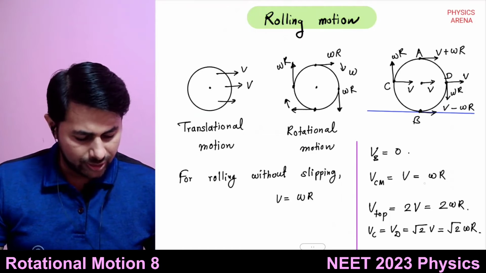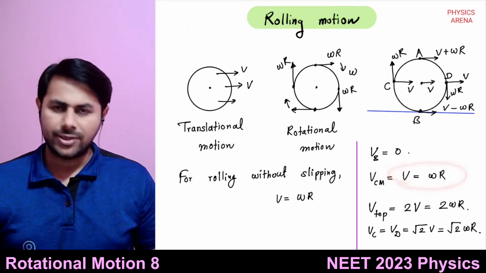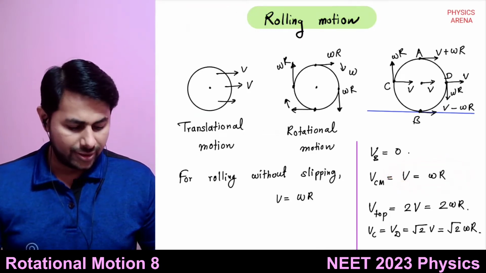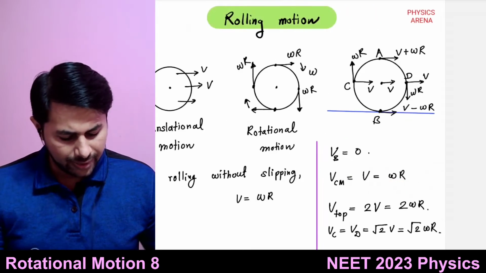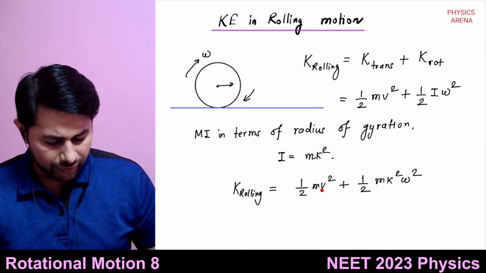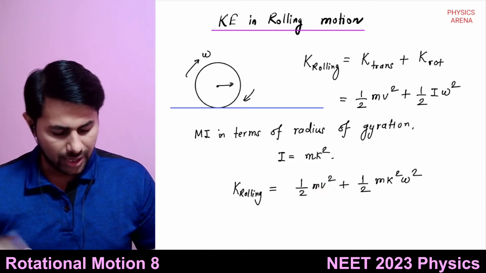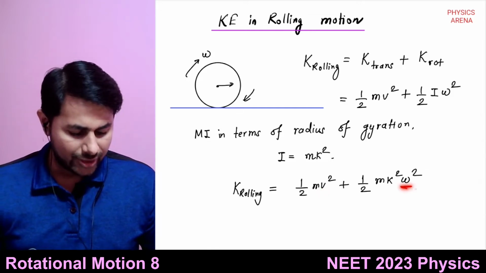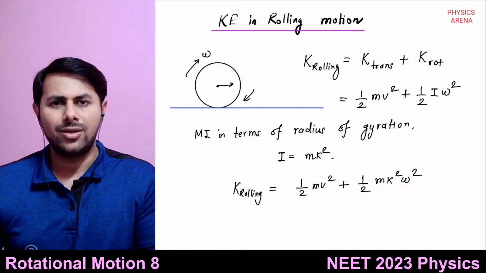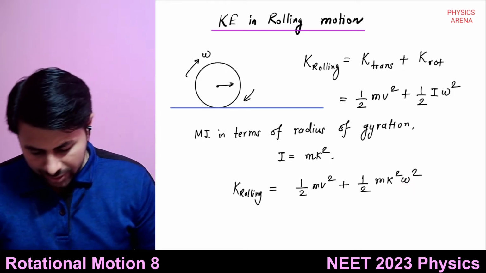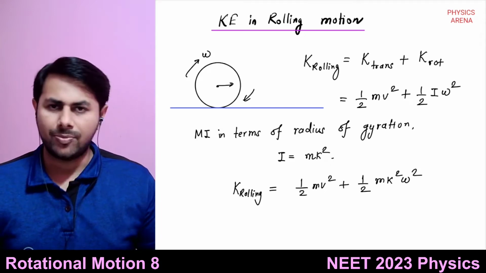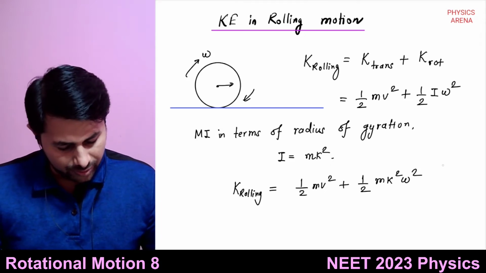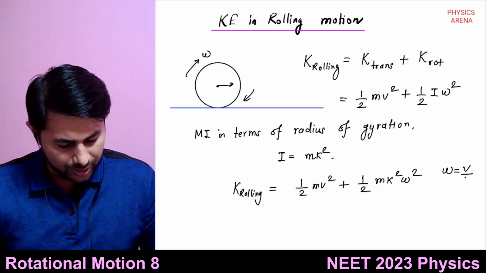Then what we can do is either we can convert this omega into v using this formula, because in rolling motion velocity of center of mass is v, and it's equal to omega times r, right? So either we can convert v into r omega, or we can convert omega into v. So let's write that omega is equal to v upon r.